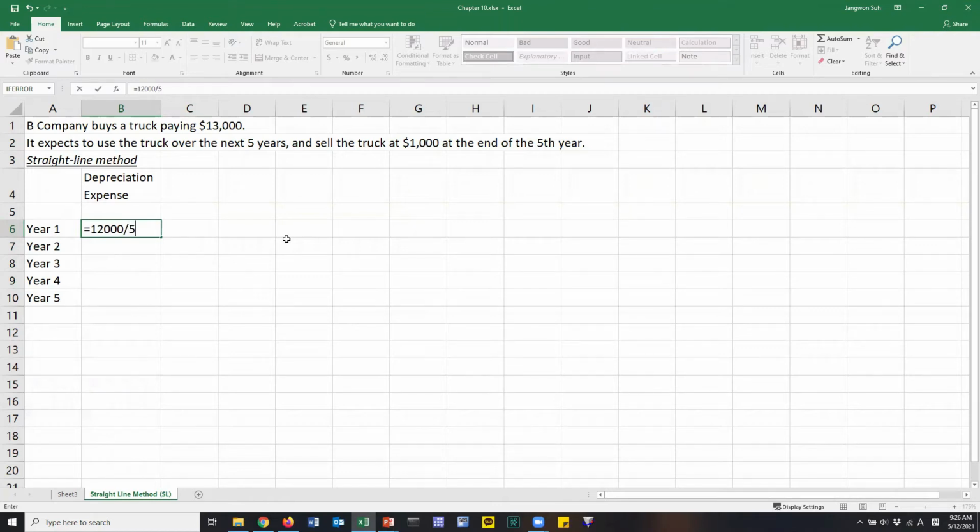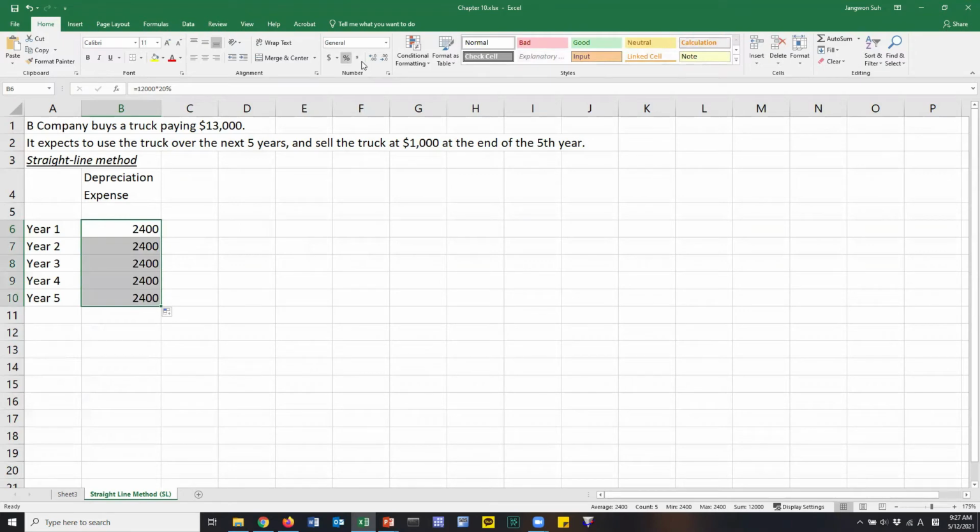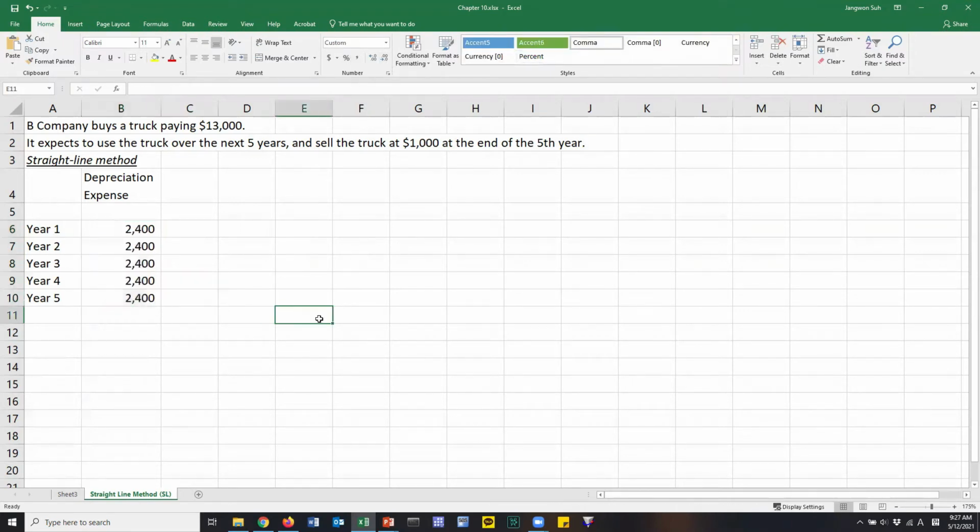Divide by 5, which is actually the same as multiplying by 1 over 5, which is 20%, or 0.2. We want to depreciate an equal amount over the useful life.